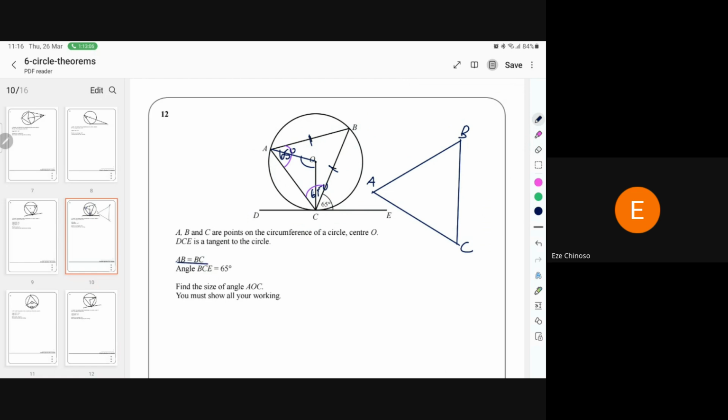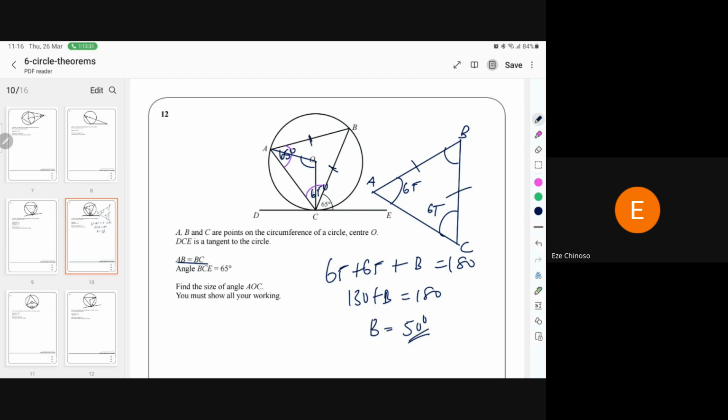So if here is equal to here, that's an isosceles triangle. So you have an angle here, 65. We have an angle here, 65. Then if I get this angle here, that will be what? 65 plus 65 plus B equals 180. 65 plus 65 is 130, plus B equals 180. So B is equal to 50 degrees.